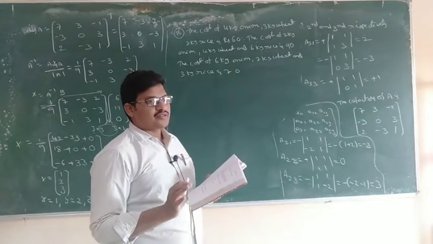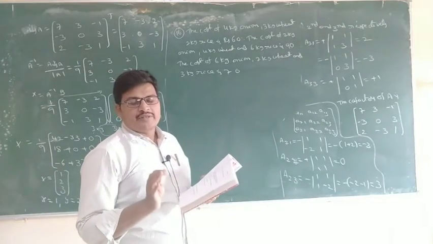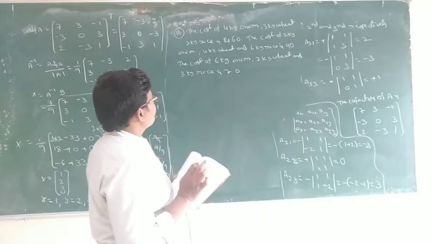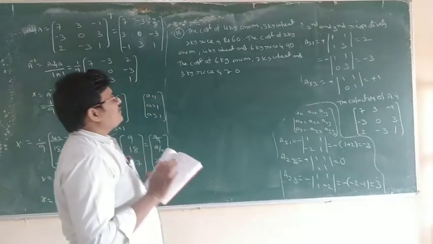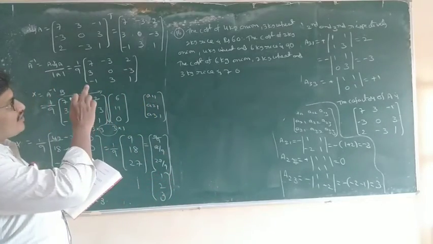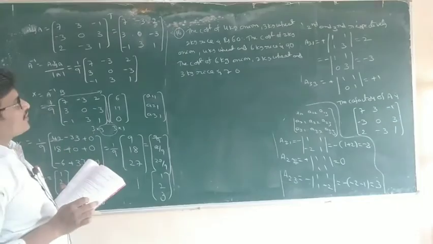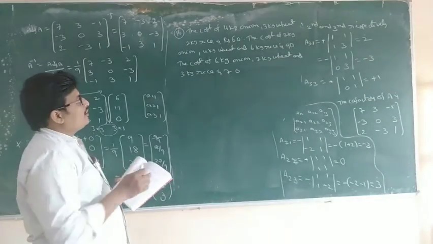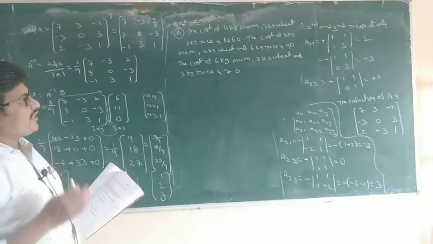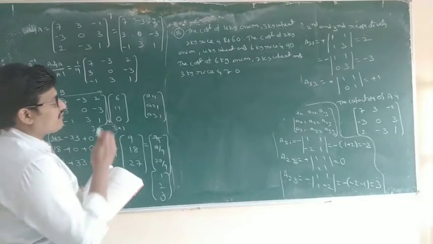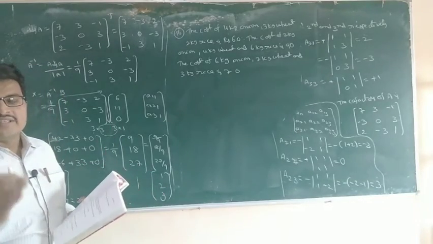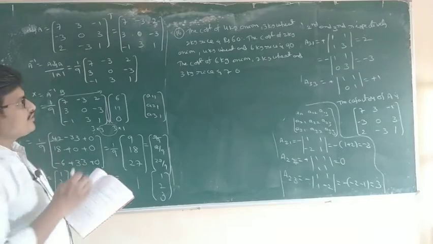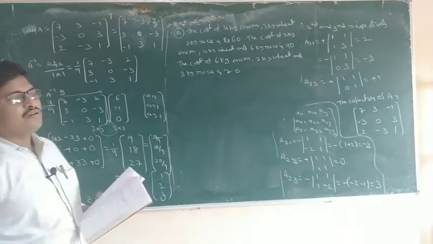The items are onion, wheat and rice. 4 kg onion, 3 kg wheat, 2 kg rice, total 60. But how much is each kg of onion, each kg of wheat, each kg of rice? 1 kg rice is equal to how much, 1 kg wheat is equal to how much, 1 kg onion is equal to how much?